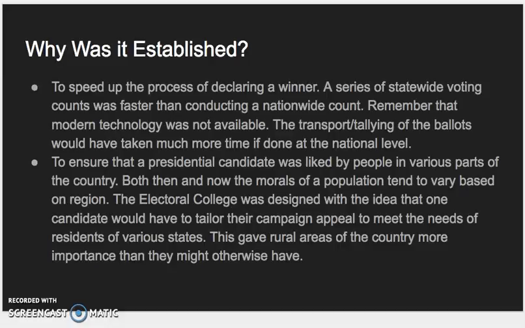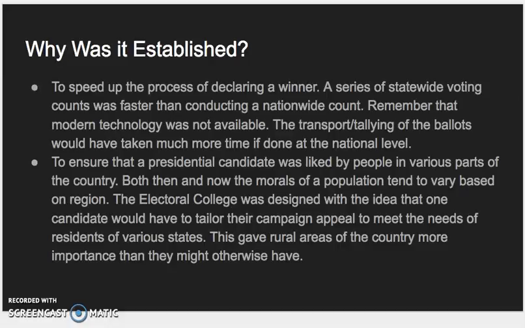So the Electoral College, because now it turns the whole election process into a series of state elections, in order for a candidate to win, they have to tailor their appeal to people from a variety of different backgrounds, different parts of the country.